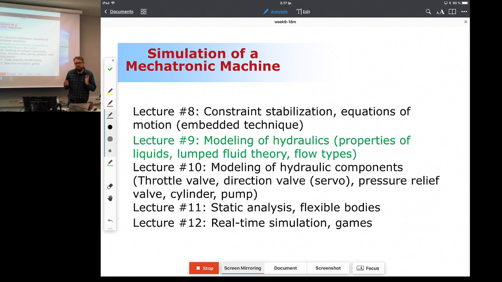The bad news is that it's also not as clear a science, or as exact a science, as multi-body system dynamics. Because in multi-body system dynamics, everything is clear. We know what the parameters are and what the physical interpretation of the different parameters is. Now in hydraulics, I'm going to introduce a good number of parameters, and sometimes making a physical interpretation of what the parameters stand for is less straightforward.